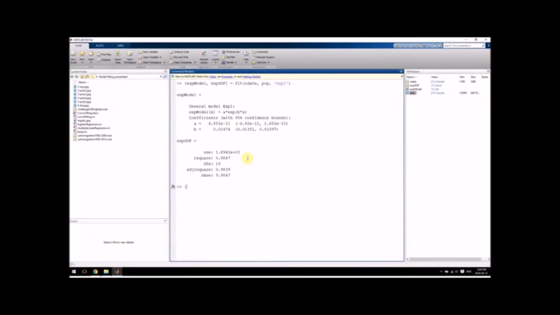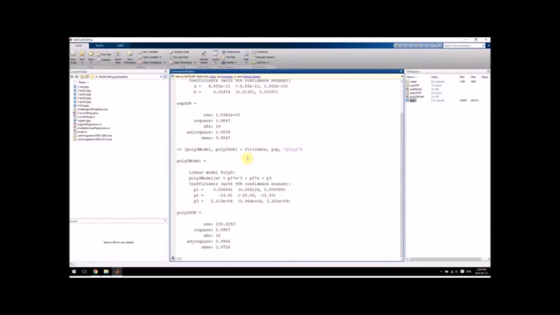Let's, just for fun, try, in addition to the exponential model, a second order polynomial. Now this second output argument is a goodness of fit object. And that contains some statistics about how well the model fits the data we've given it. So we'll use poly2 to fit a second order polynomial.